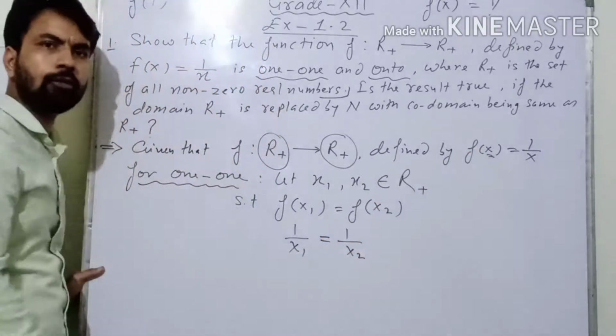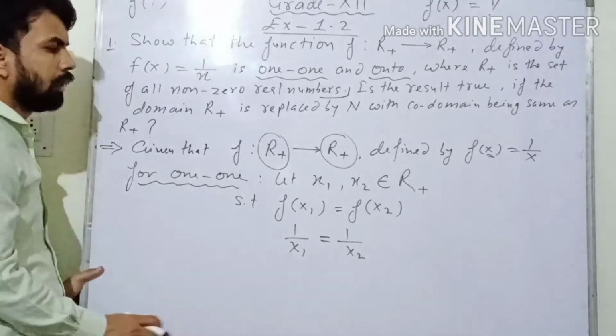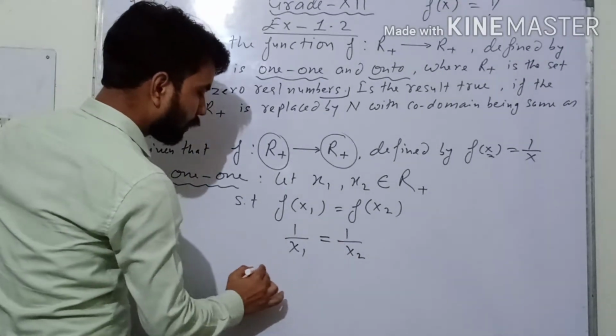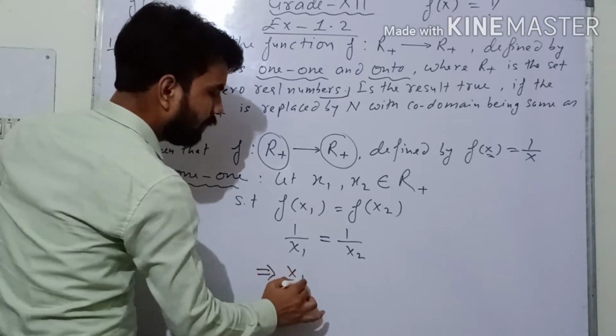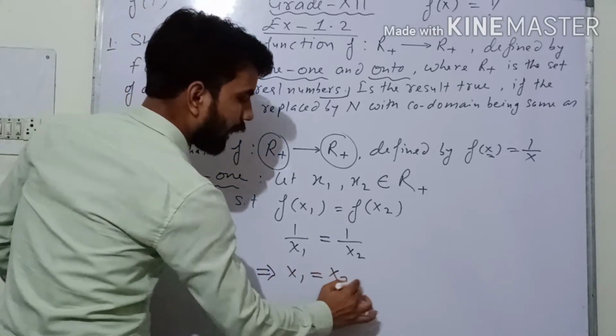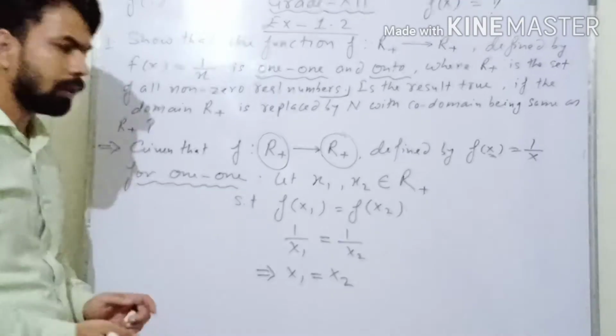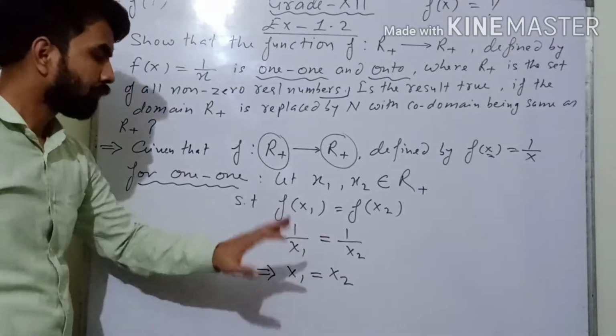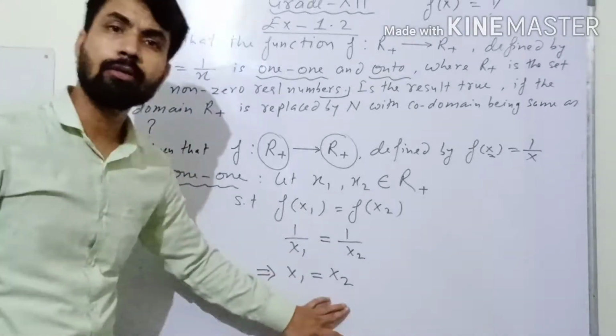Is this point clear to everyone? Okay. Now see, if we cross multiply them, then we will get what? x1 equals to x2. Got it? By cross multiplication, x1 is x1 and x2 is x2. So here x1 equals to x2.